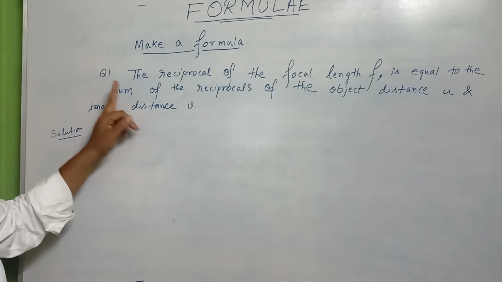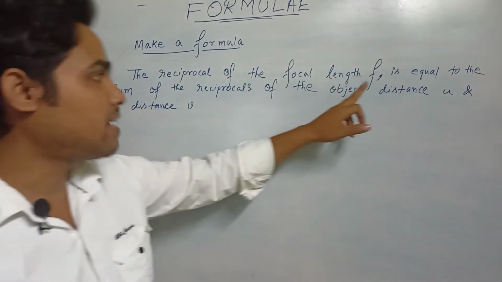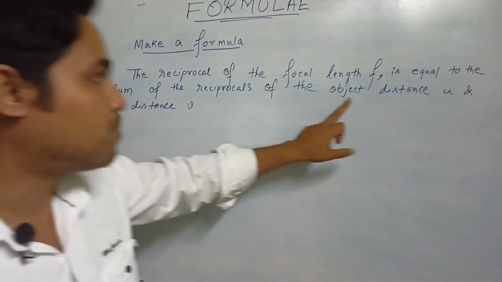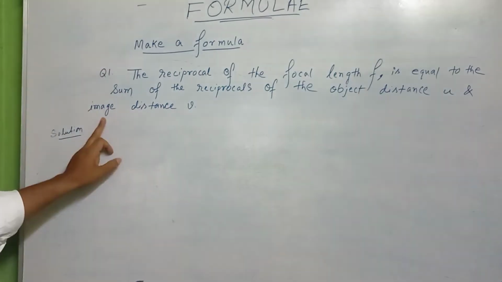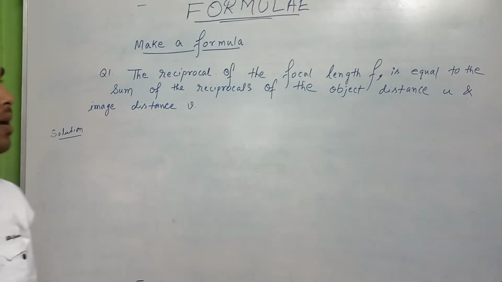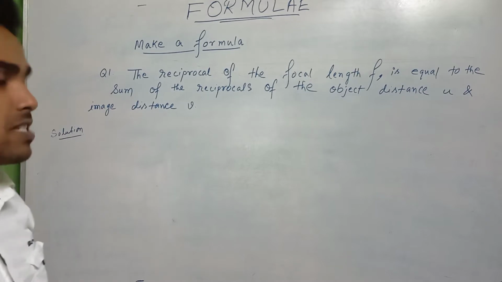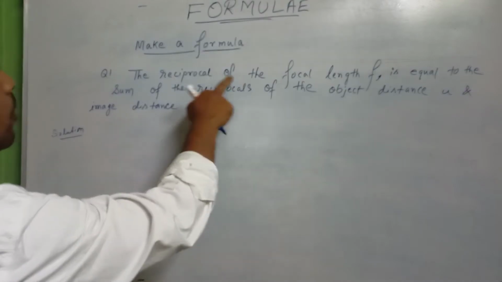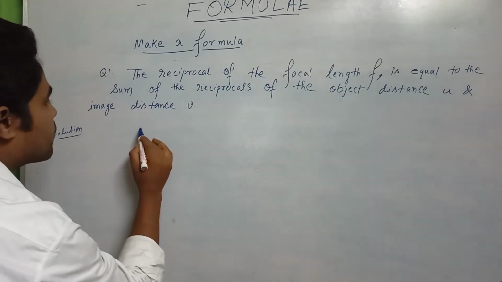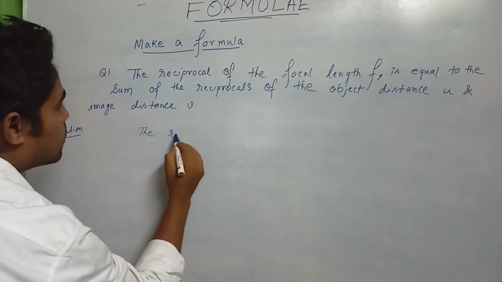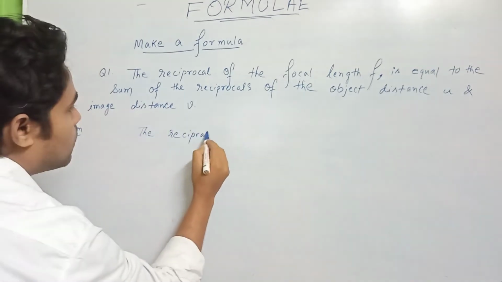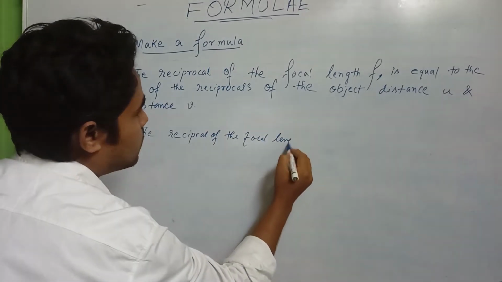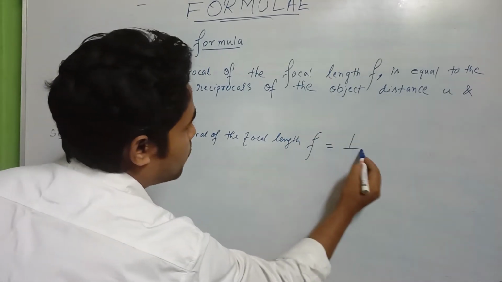Our first question is, the reciprocal of the focal length f is equal to the sum of the reciprocals of the object distance u and image distance v. So we all know what reciprocal means. Reciprocal means 1 by. The reciprocal of the focal length f equal to 1 by f.